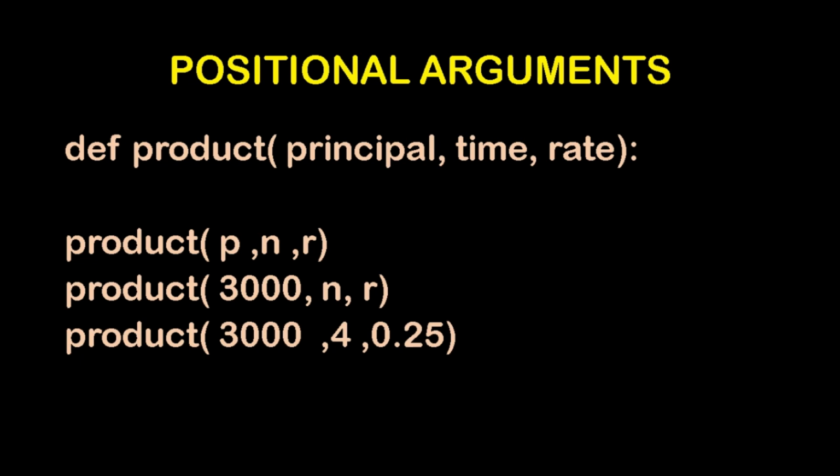So the number 3000 will always be assigned to principal, then 4 is for time and 0.25 is for the rate. It will not change the order based on the position, however you call the arguments. In that way, the values will be matched with the function parameters, that is, the formal parameters.